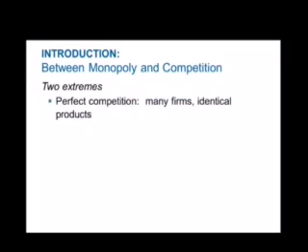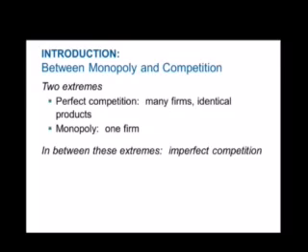So far we studied the two extremes in market structure, perfect competition and monopoly. Perfect competition had many firms and identical products. Monopoly basically had just one firm. In between these two extremes, we have something called imperfect competition.